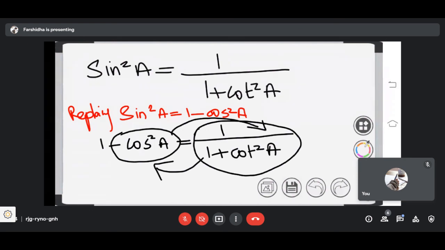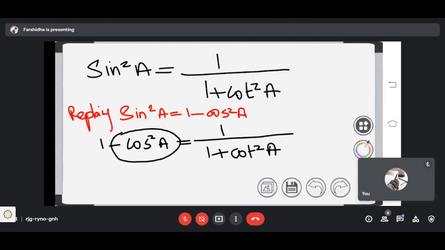Then only I can find sec. Sec means 1 by cos. In the next step, I'm taking cos square A to the other side and this whole term to this side.